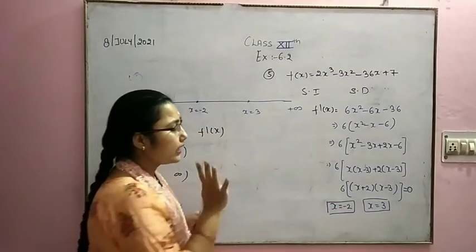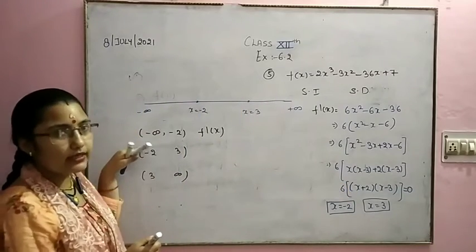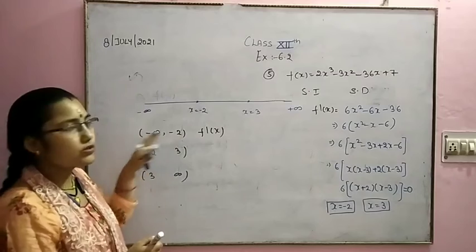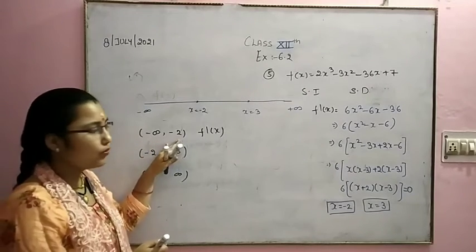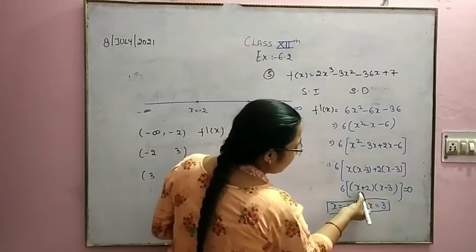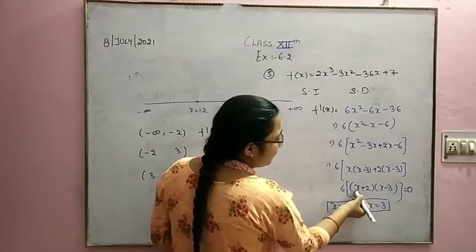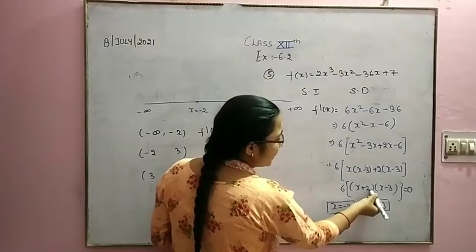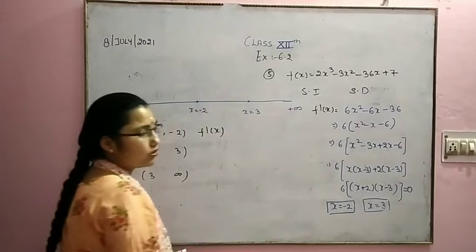Because in this interval x is negative always, and the maximum value is minus 2, in the interval minus infinity to minus 2. So if I put a negative value in place of x, we get minus for x plus 2 and minus for x minus 3 also.